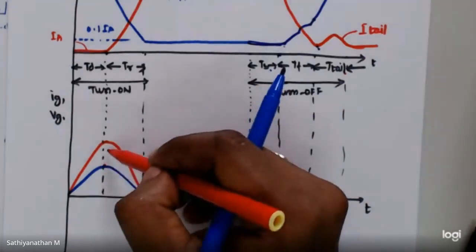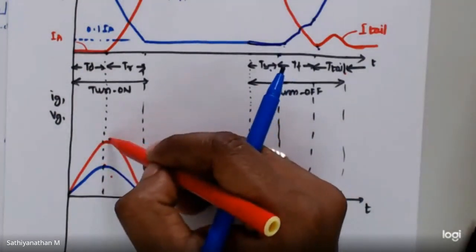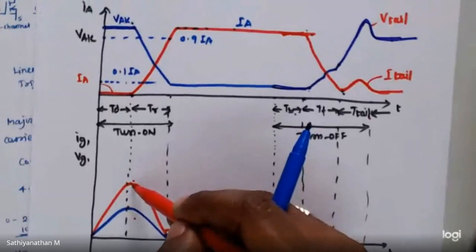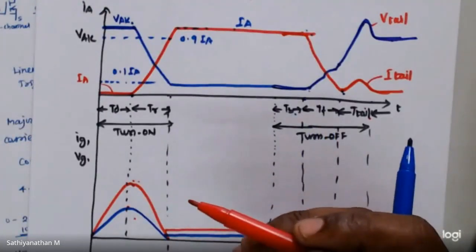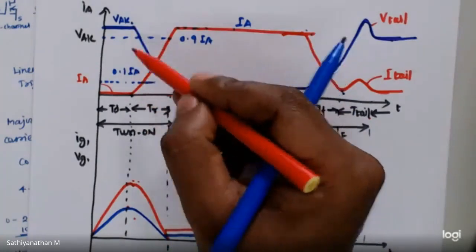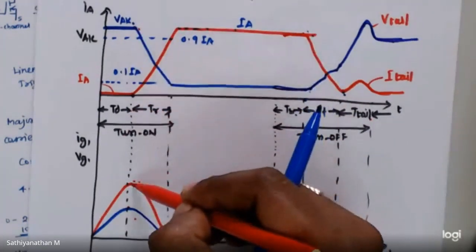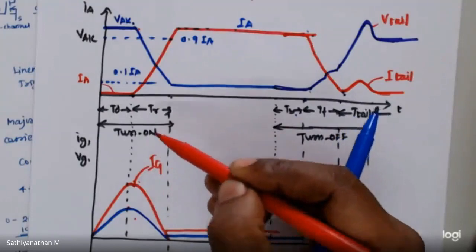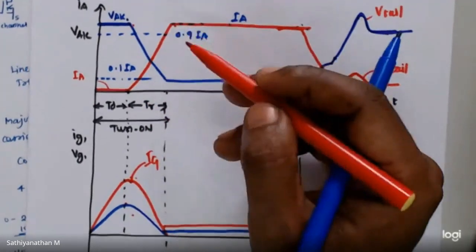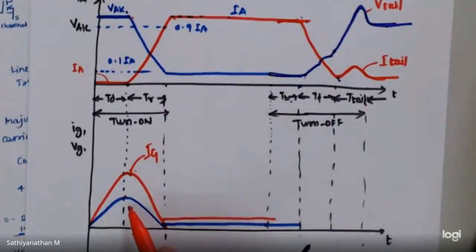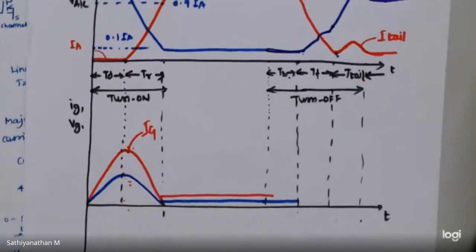When you apply a positive gate voltage, your current will be maximum. So the current requirement of a GTO is higher than that of an SCR, and it will trigger the device. At this point your current is maximum, so the device comes on, and it has a small voltage drop across the junction.